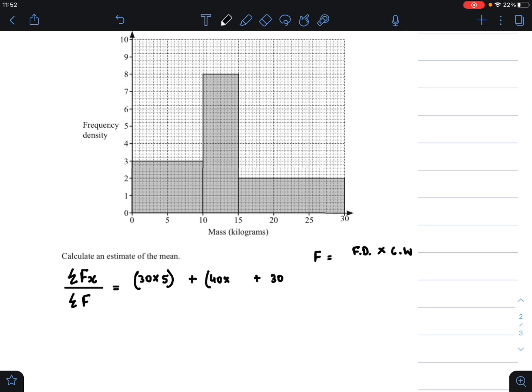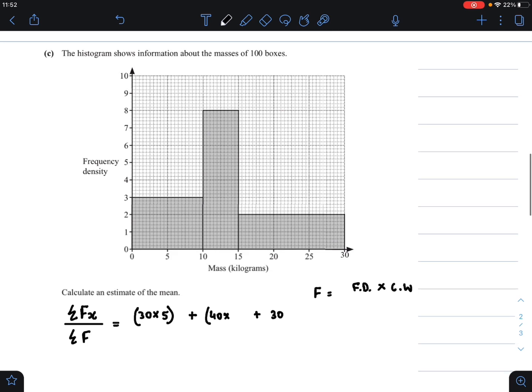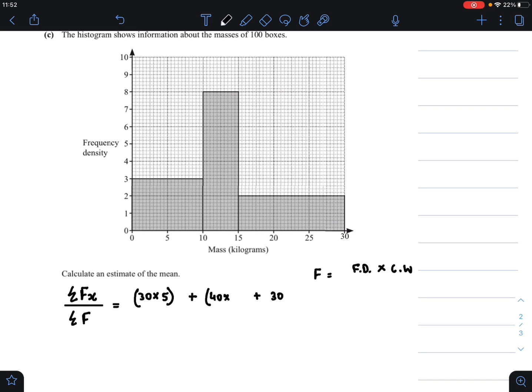So to find the x value for the 40 frequency part, that is the longer bar of the histogram, all you do is 15 plus 10. So 15 plus 10 is equal to 25 and divided by 2. So you'll be left with 12.5.